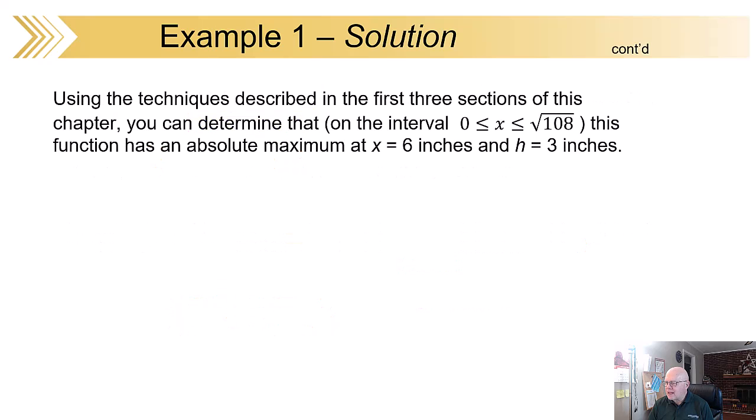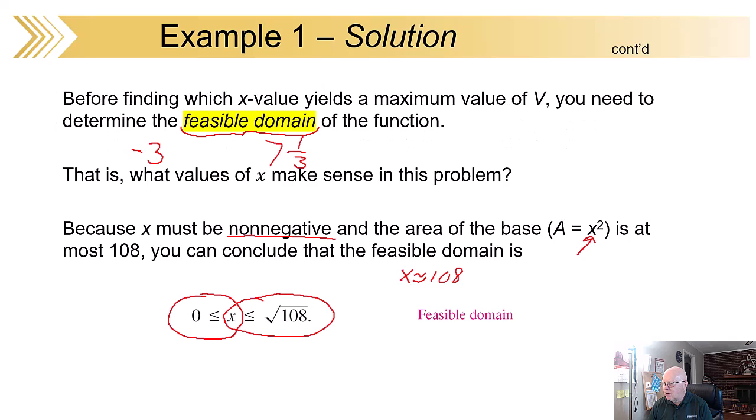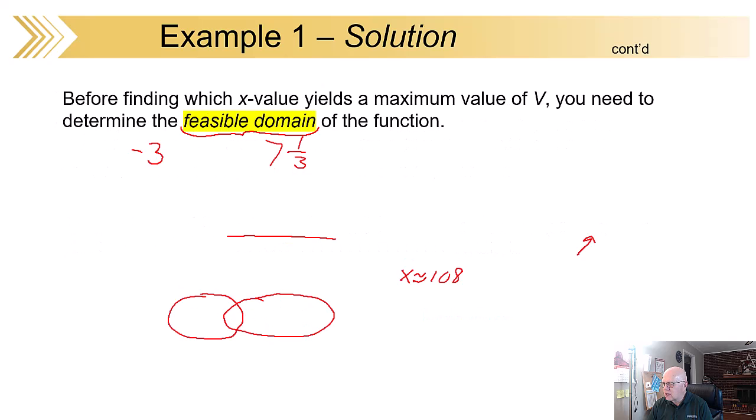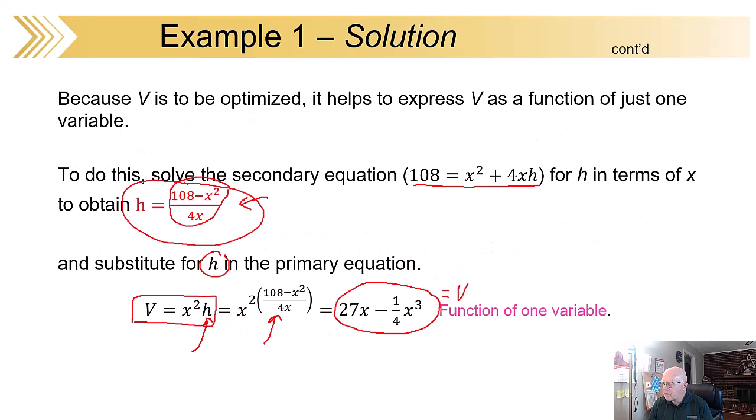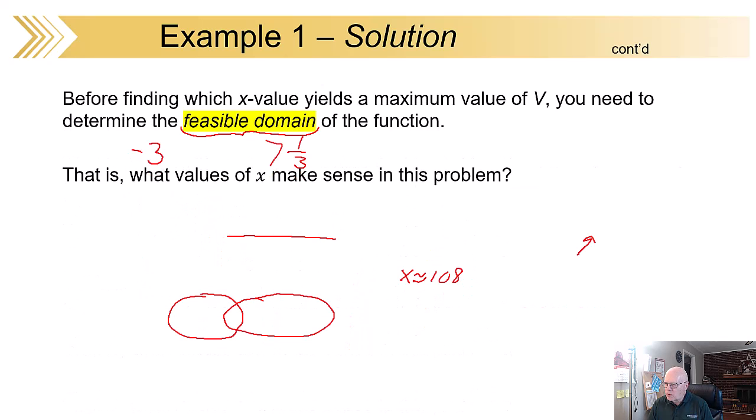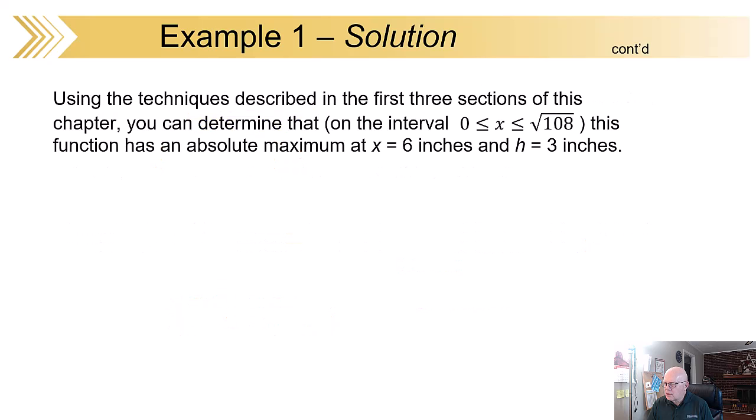All right, with that set up, you can use that equation that we got just a moment ago. You want to look back here a moment. There we go. There's our equation, 27x minus 1/4 x cubed. Want to write that down? Okay. I'll go back to where we were. There we go.